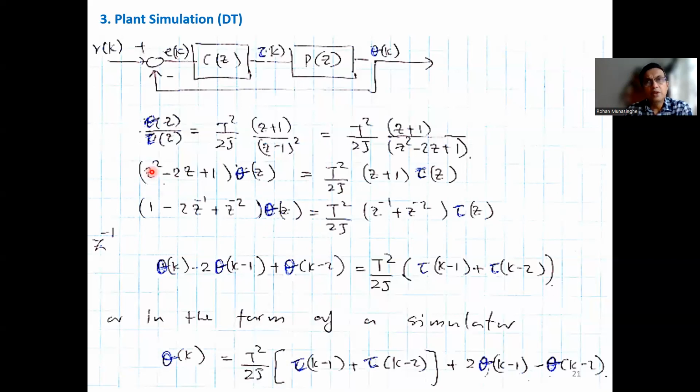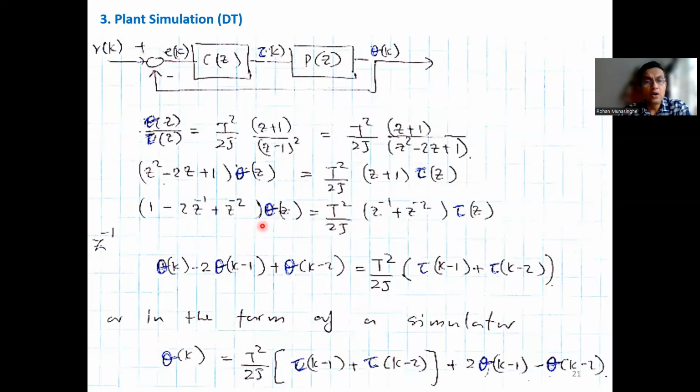But what Z to the positive powers really means is time advance. What is Z to the minus powers? Time delay. We are more aligned with time delay than time advance, so we prefer to write it with Z to the minus powers. Mathematically, that's the same. Then it will turn into this shape.